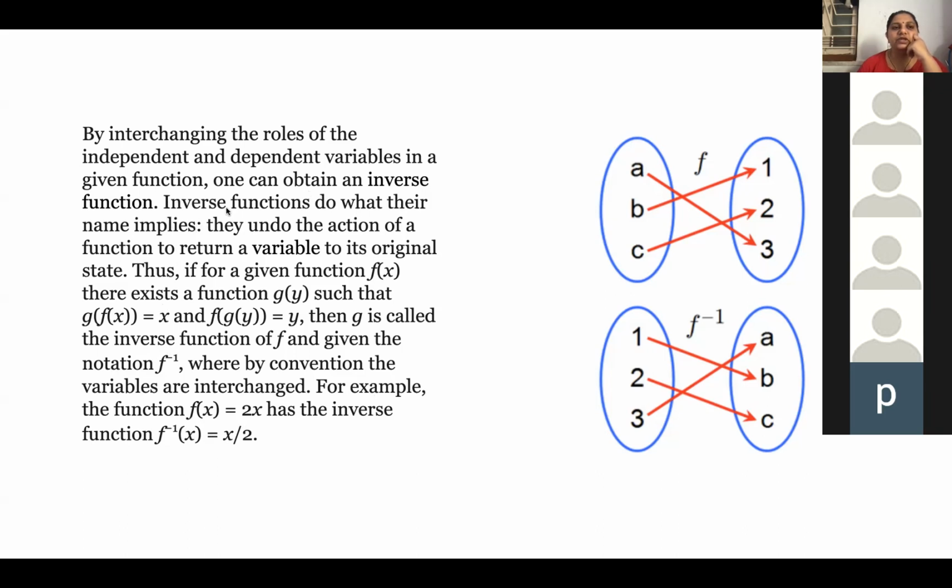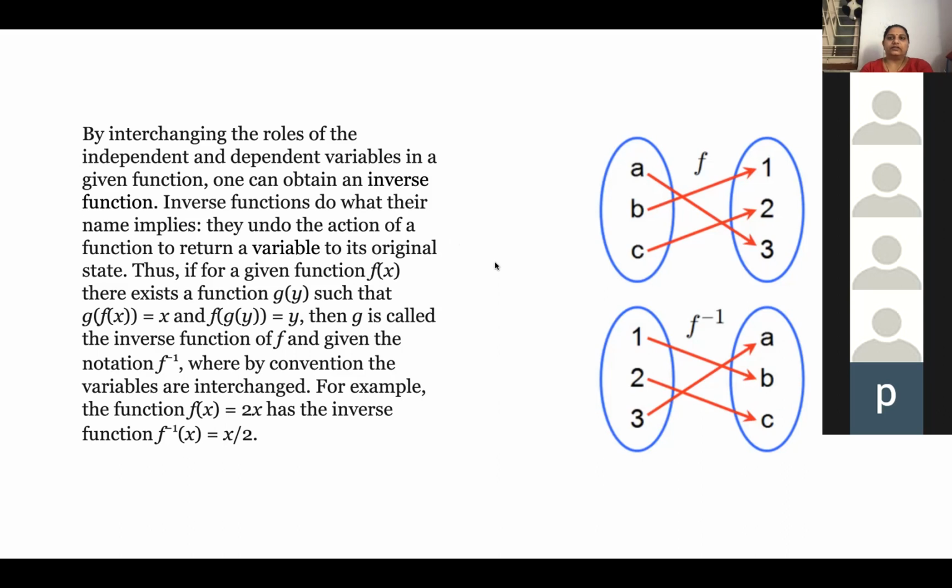Inverse functions do what their name implies, they undo the action of a function to return a variable to its original state. It will invert the function f of x and will give the value x.